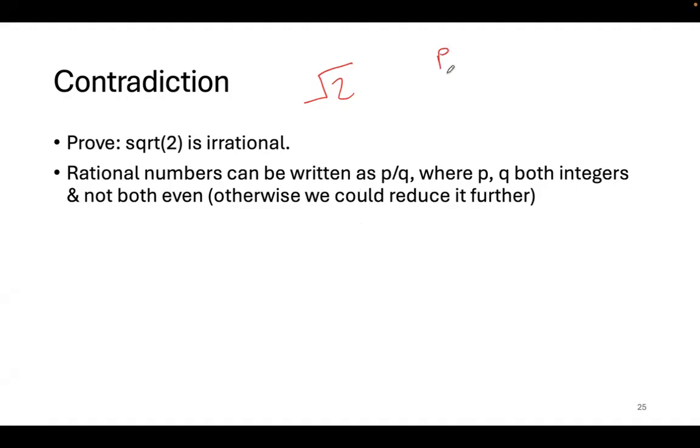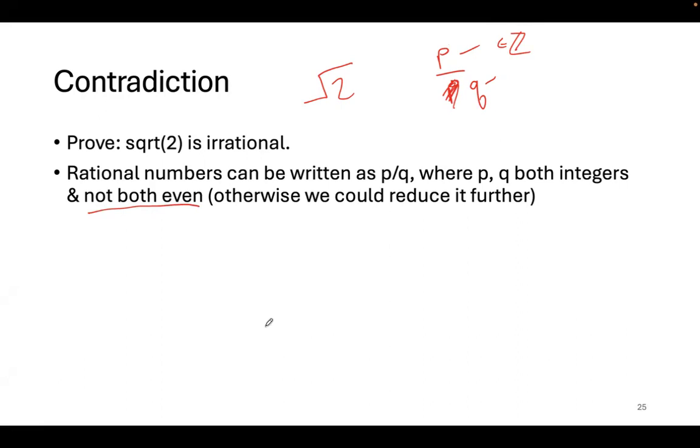So we can write it as P over, not P over P, P over Q, where both of these are integers, and they're not both even. So rational numbers, we can write as one integer over another, and they're not both even.